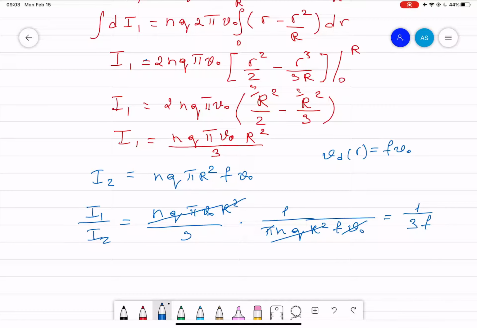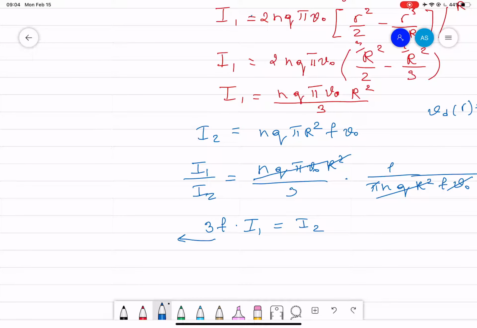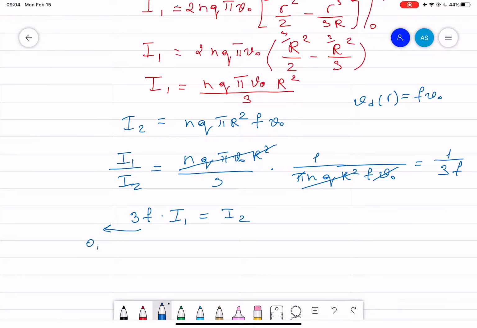That means 3f multiplied by current 1 is equal to current 2. Now this f is given, I think it was 0.47, so you just have to multiply by 0.47. Okay, that's it.